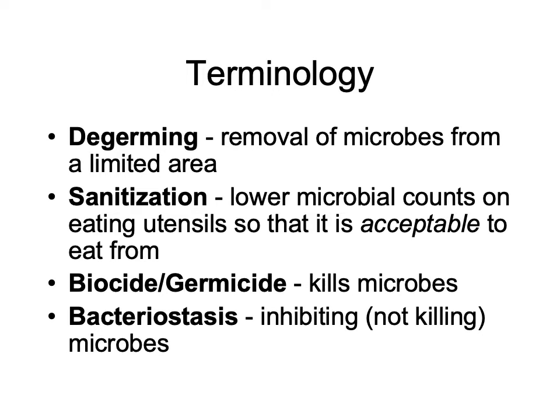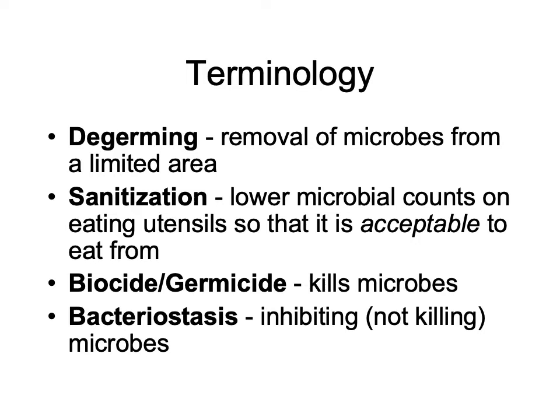Continuing with more terminology, we have degerming. Degerming is removal of microbes from a limited area. That's just removing them. That's all it is, and it's from a specifically small area.